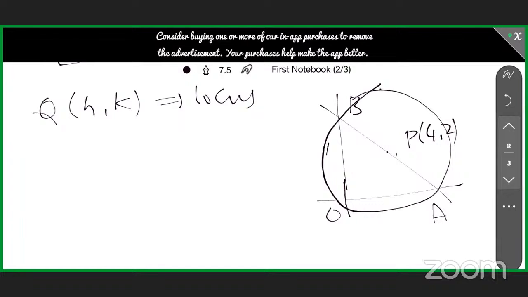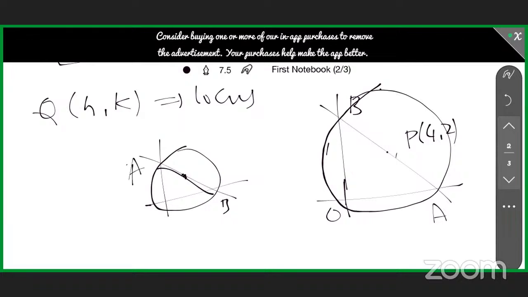Since the angle at O is a right angle, Q should become the midpoint of AB. So Q is the center point, which means AB's midpoint is Q.